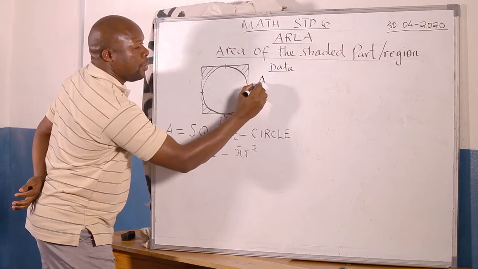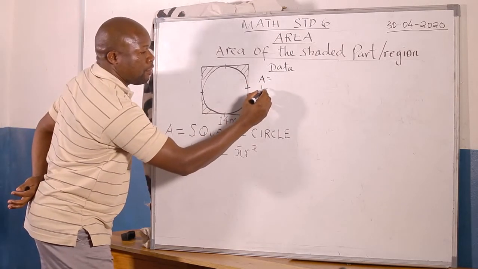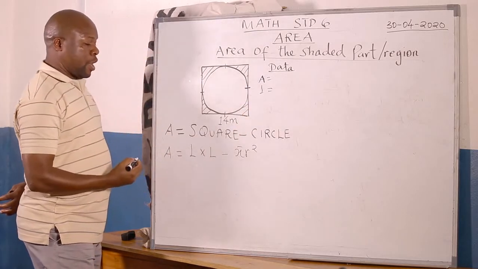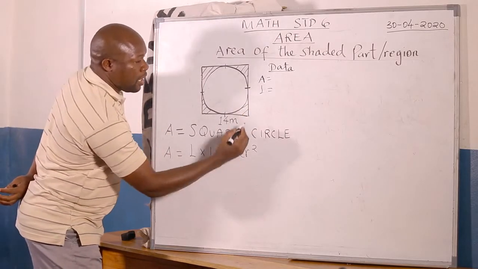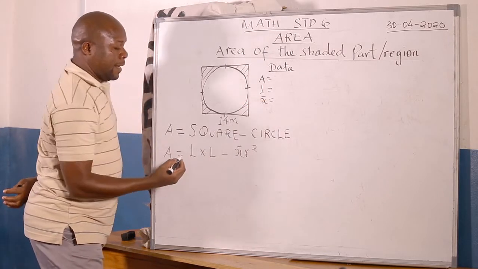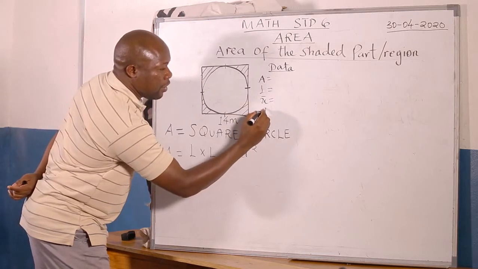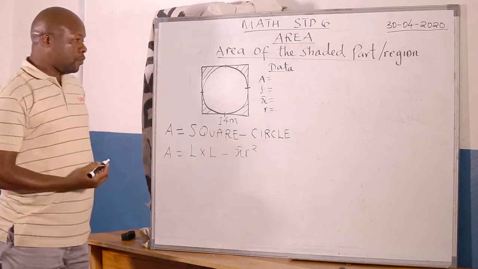Do we have the area of the figure? Are we being given the length of the square? Are we being given the pi to be used while calculating the area of the circle? Are we being given the radius of the circle?